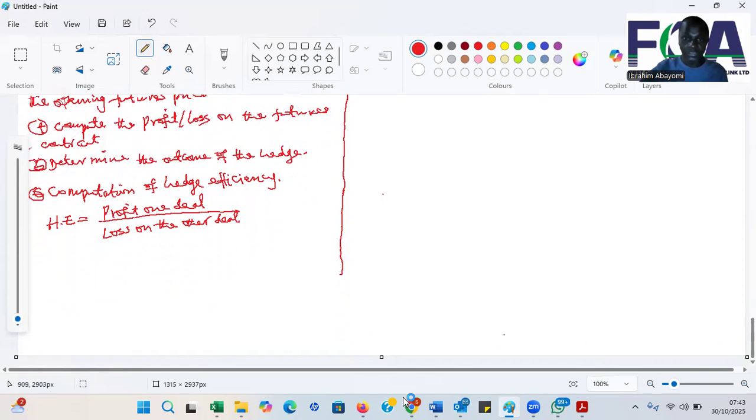In the futures market, you may be making a loss, and in the spot market, you may be making a profit. It may also be a reverse. You may be making a loss in the spot market while making a profit in the futures market. It's a possibility.